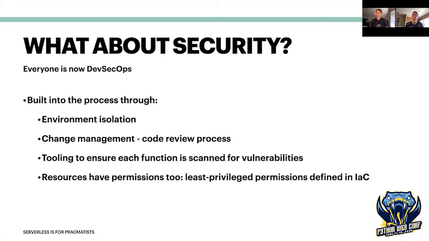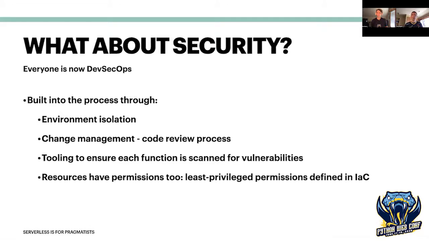Lastly, you want to have a way to scan the permissions that you're granting each of your resources. These permissions need to be properly scoped for least privilege access. So for example, if a function needs to access objects inside of an S3 bucket, that function really only needs read or read-write permissions to objects inside of one bucket in an AWS account.